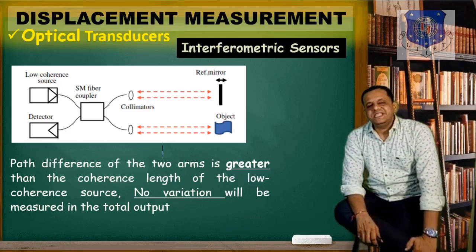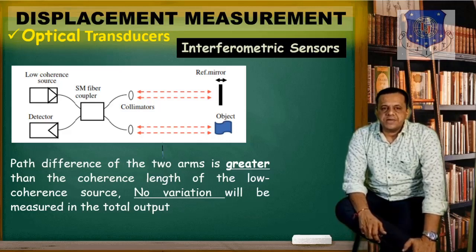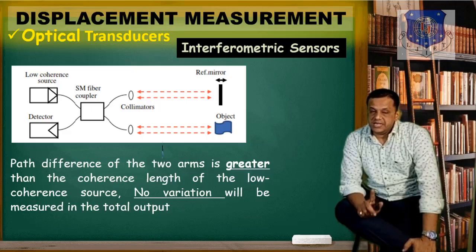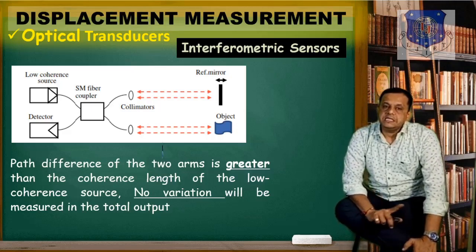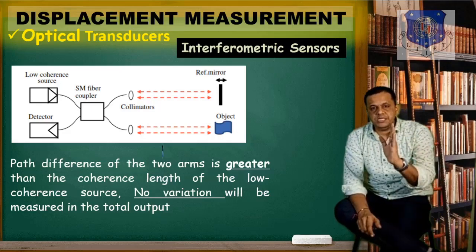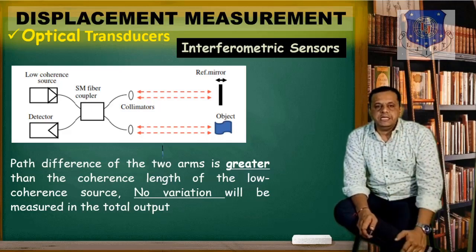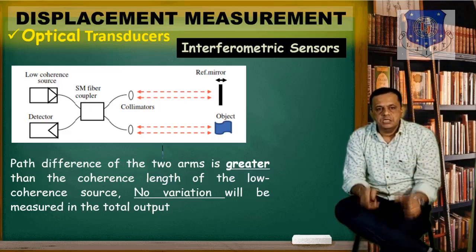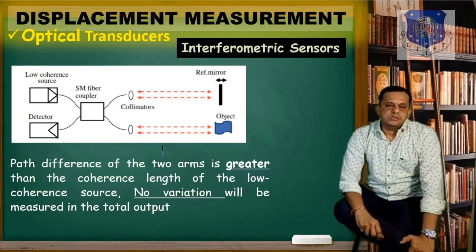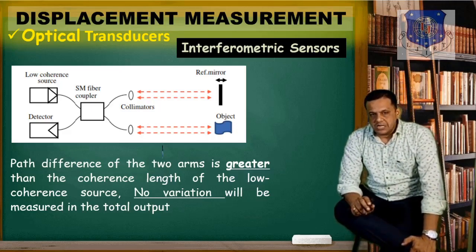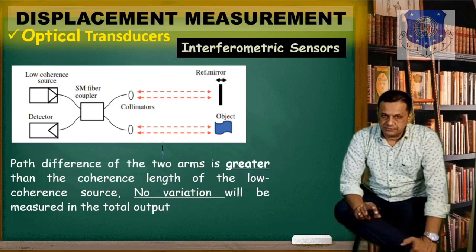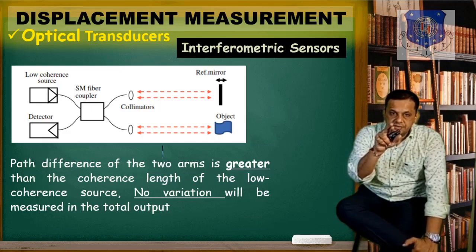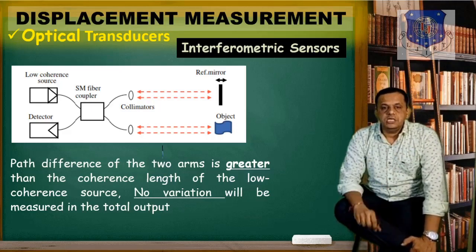Here you see a low coherence source and detector are shown, and one fiber coupler is given, collimators are there. One reference mirror is created, one reference surface, and another is the object. The reference mirror will be fixed, and on the basis of object variation, you will be able to get an image. Now, the path difference of the two arms: one is on the reference mirror, another on the object.